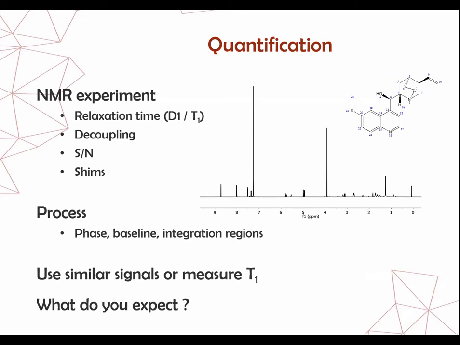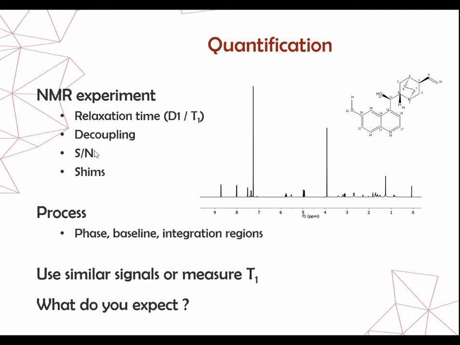And T1 is the relaxation time of a proton in the molecule. And if you want to be in quantitative conditions, you have to respect D1 should be equal to at least 5 times the longest T1 of the protons you want to study.